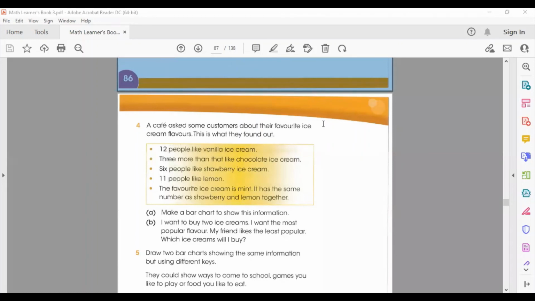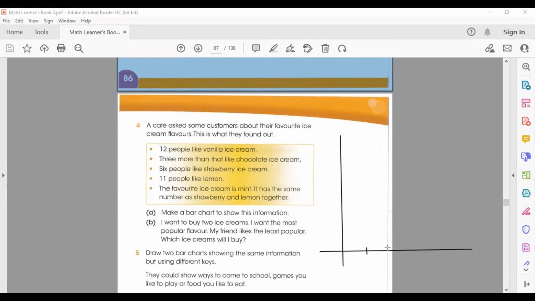So let us make a bar chart. In a bar chart, we are just drawing the bars. It's so easy. First, horizontal and vertical lines. And then with the distance, we are writing the numbers. The distance should be the same.